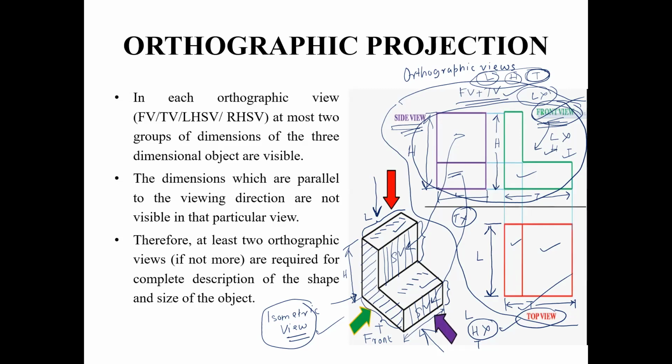Each orthographic view will contain only two out of the three sets of dimensions of the three-dimensional object. So if you want to get the details of all the three sets of dimensions, you have to look at least two different orthographic views. Sometimes for further clarification, we can go for three views or all the four views.